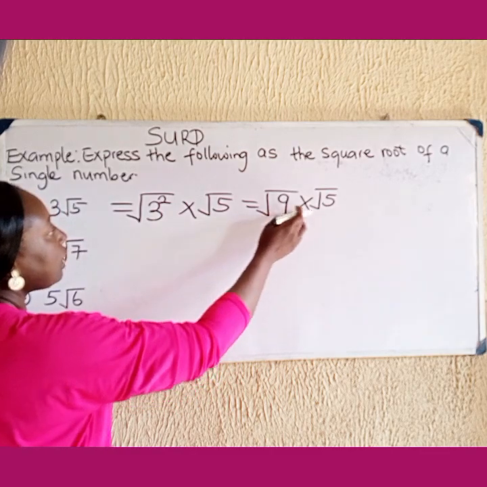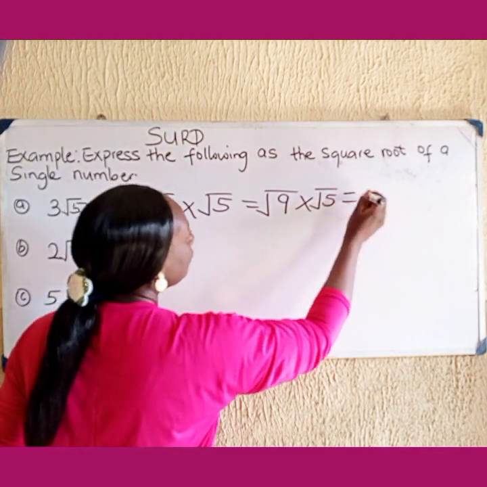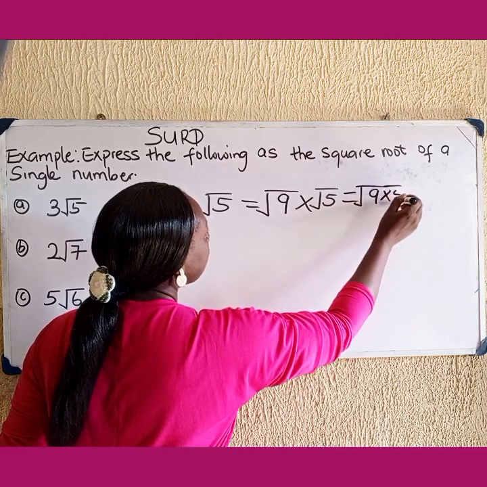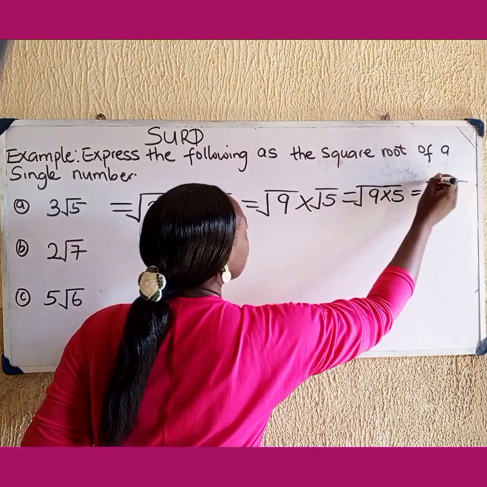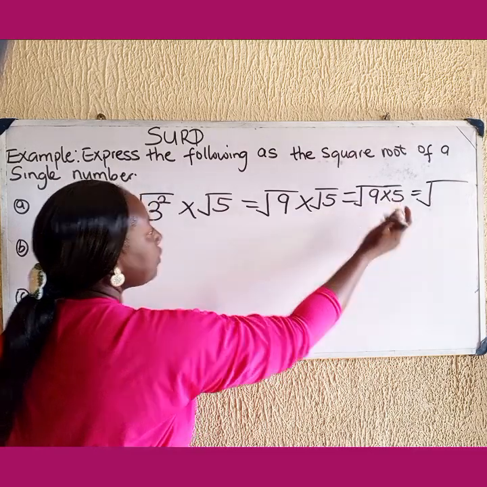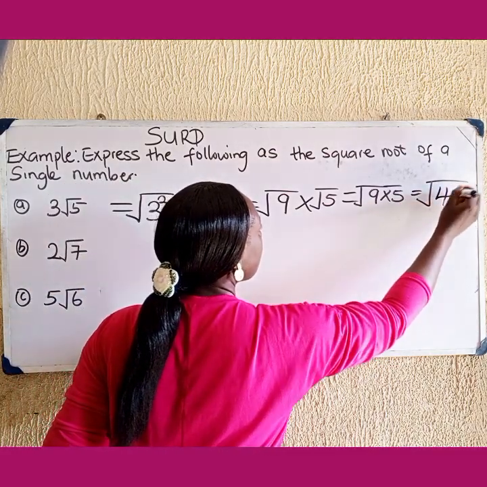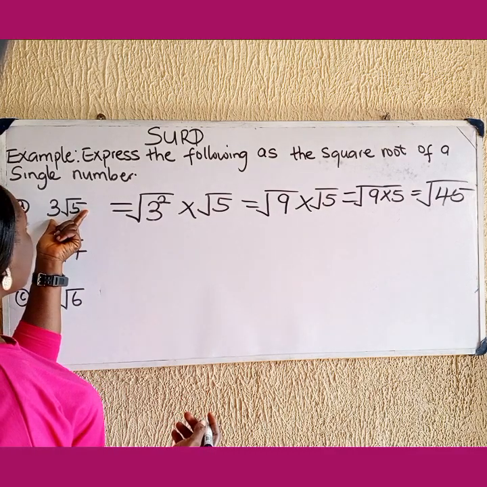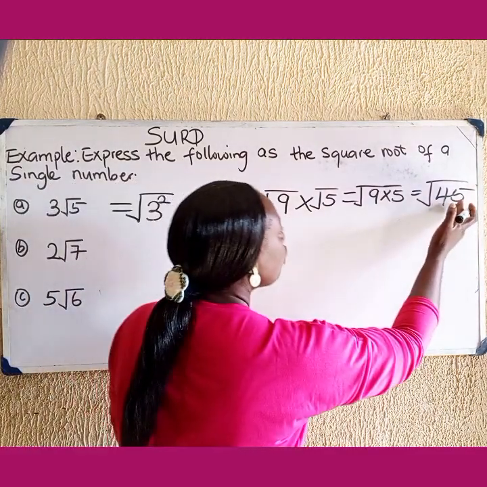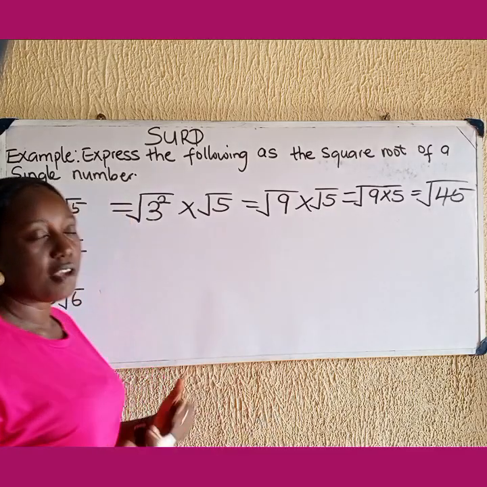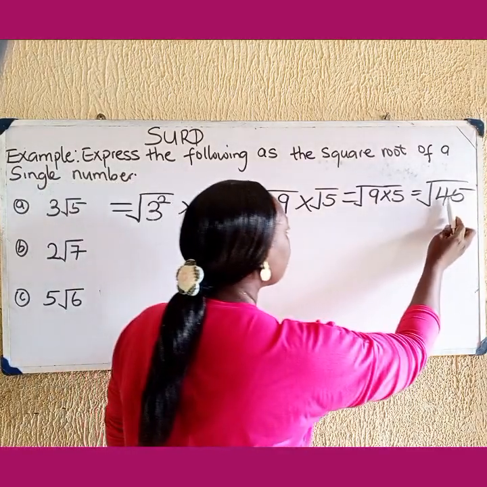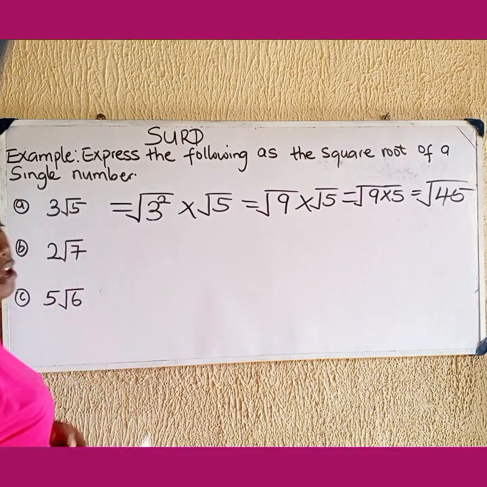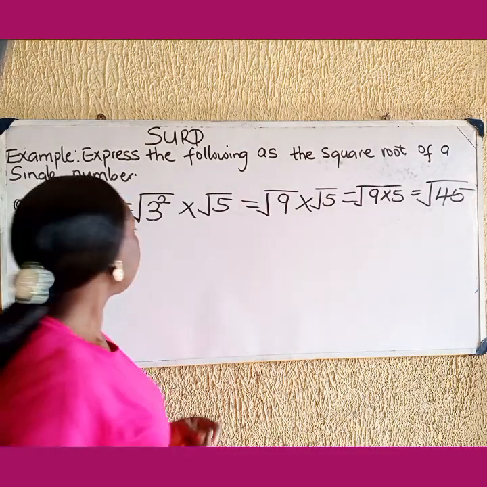So root 9 times root 5, and when I bring them together, I will have root of 9 times 5, and 9 times 5 will give me what? 45. So writing this as a square root of a single number will give me what? Root 45. If you simplify root 45, you are going to get back what? 3 root 5. I hope it's clear.